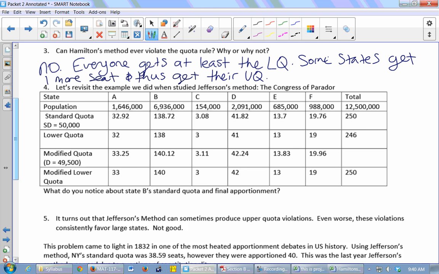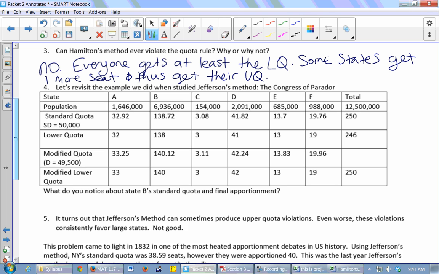We wanted all of our quotas to be a little bit bigger, right? So that when we round them down, we get 250. So to make the answer to a division problem a little bit bigger, we want to make the divisor a little bit smaller. So we went to 49,500, calculated new quotas, round them all down, and that adds up to 250 perfectly. Nothing left over to fight about.